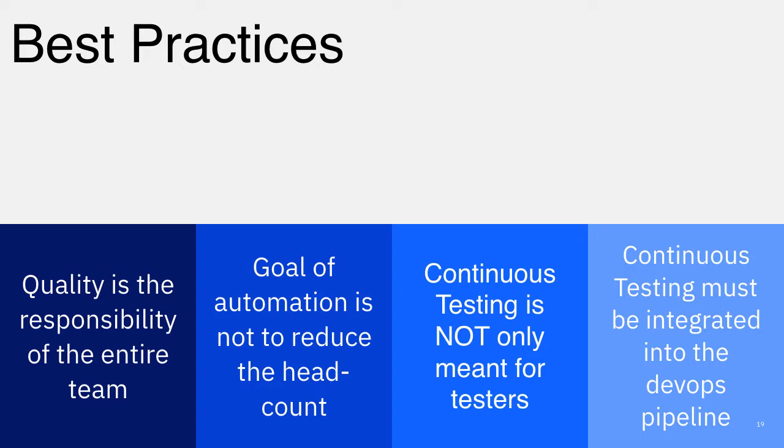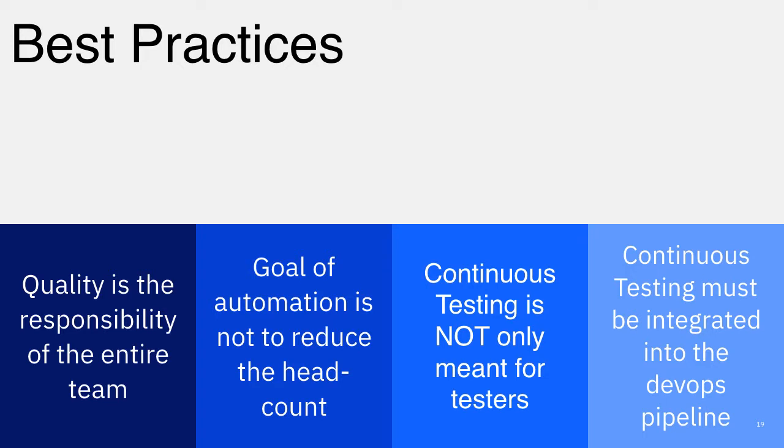Now, continuous testing is not only meant for testers. That's another interesting thing. Of course, testers are the ones who test on a regular basis, and that's their job. But how about developers also participating in testing? How about developers ensuring that the code they write does not break things that are already there, doesn't result in regression defects, and meets certain quality criteria?